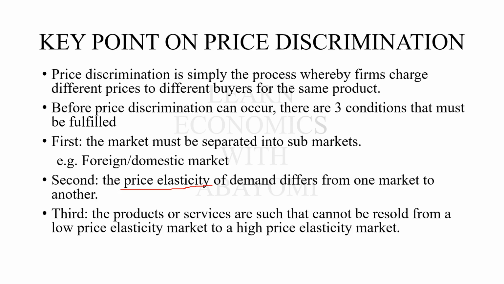Now, the markets must be separated so that there is no reselling from someone that responds strongly to changes in price to the person that responds weakly to changes in price. I hope you get that.